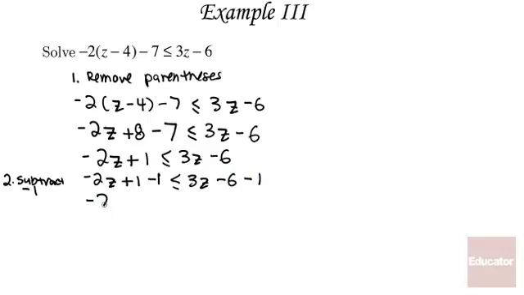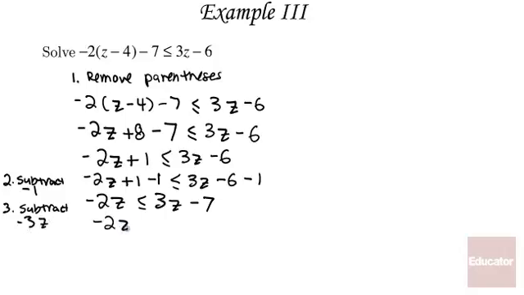Okay, that's going to give me negative 2z is less than or equal to 3z, and that's minus 6 minus 1 is minus 7. Now I need to get all my z's on the left side. I can do that by subtracting 3z from both sides. So next, subtract negative 3z, not x.